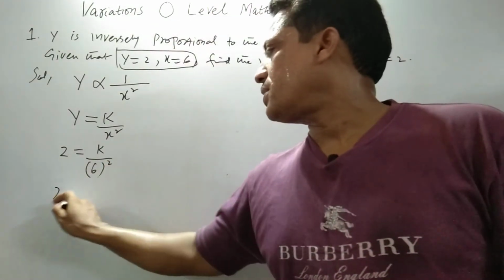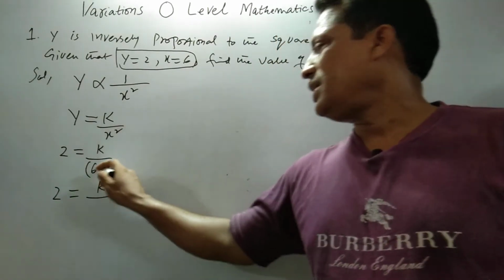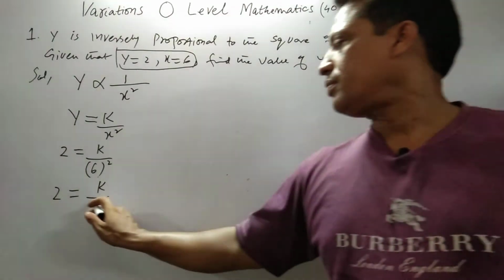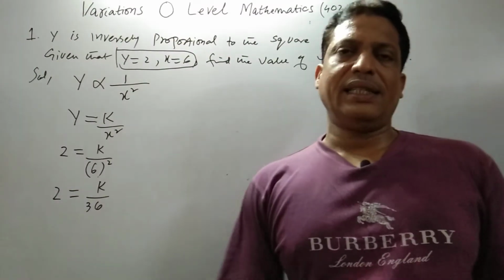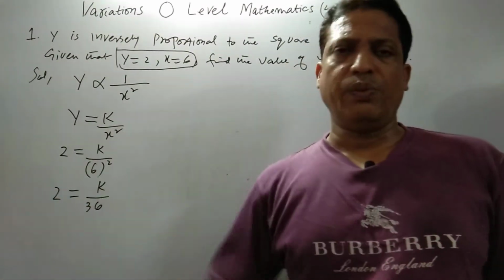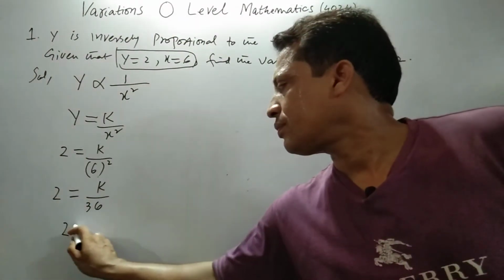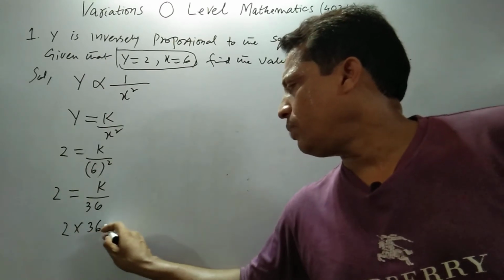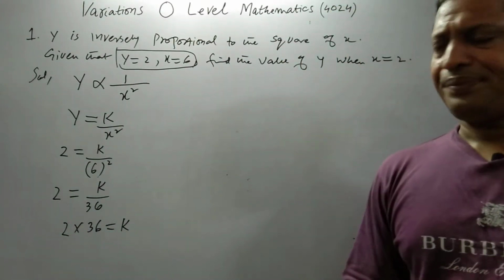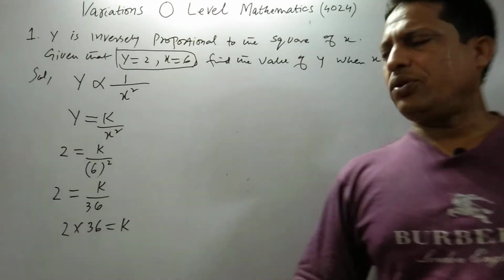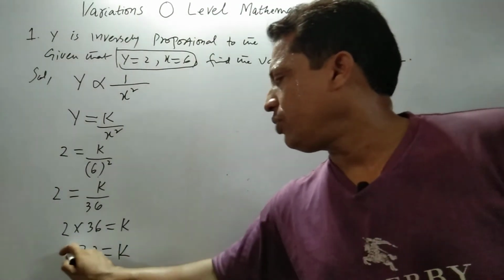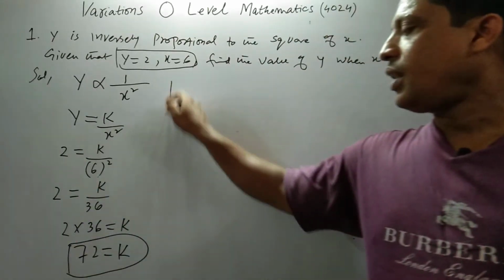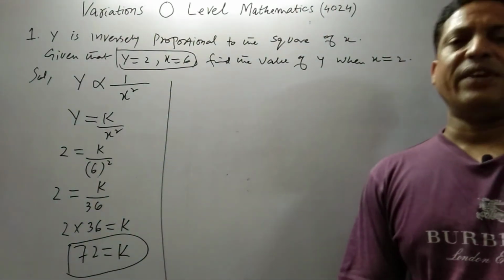So 2 is equal to k upon 6 square, which is 36. This 36 is divided, so it should multiply on the other side. 2 multiplied by 36 is k. 36 into 2, 72. So the value of k is 72.